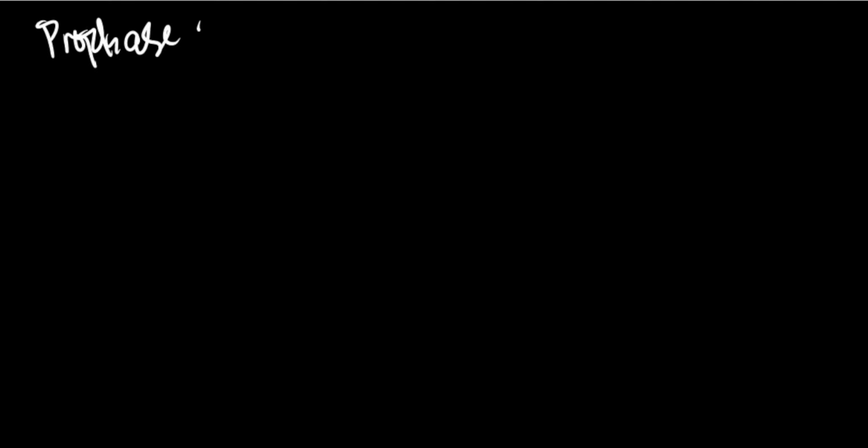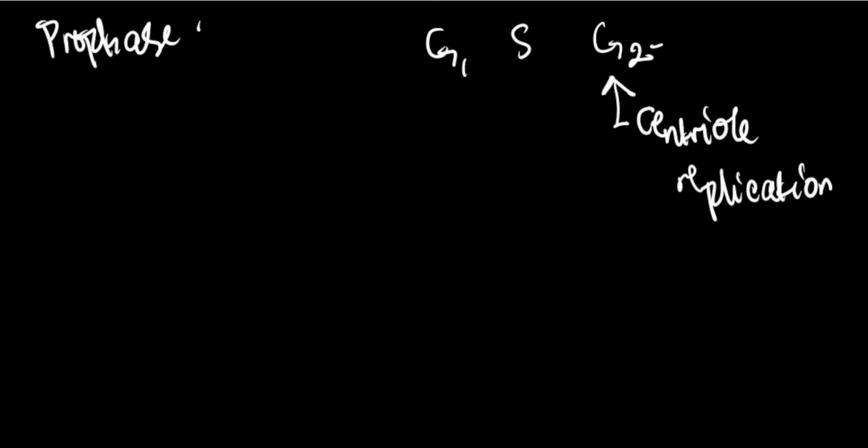Now, earlier we considered interphase, okay, and we saw the G1, we saw the S, and we saw the G2. It's important for us to take note of the fact that centriole replication is completed in the G2 phase. Okay, now the centrioles are the organelles, the structures that form the spindle fiber, which is a microtubule.